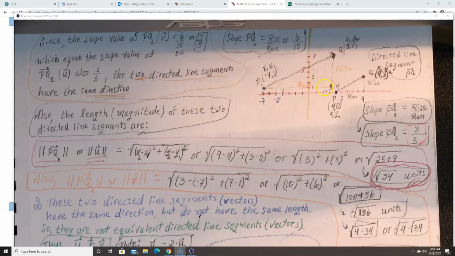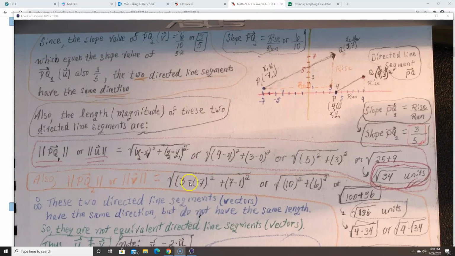That gives us the horizontal distance this way. And then we'll say plus y sub 2 minus y sub 1. Y sub 2 is 7 minus y sub 1, which is 1. That gives us the rise, the vertical distance between these 2 points. Basically we're using the Pythagorean theorem. So what is our x sub 2? It's 3.